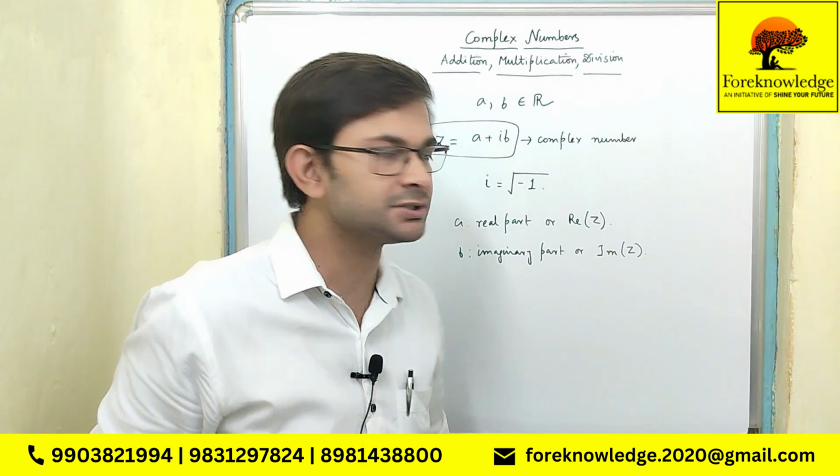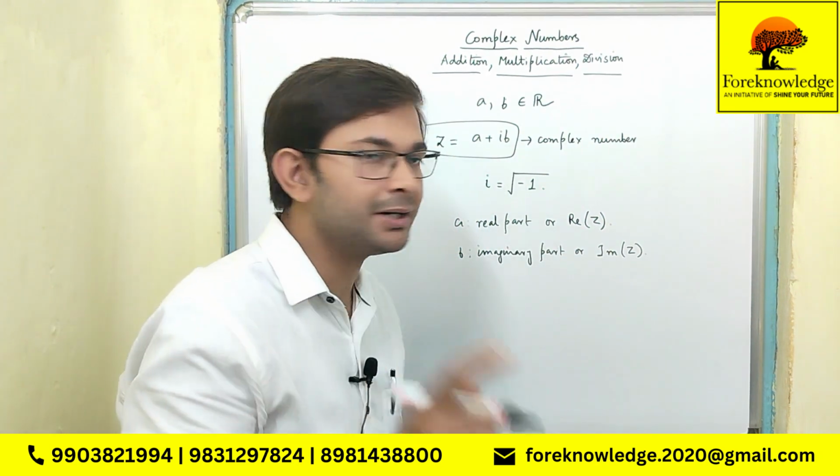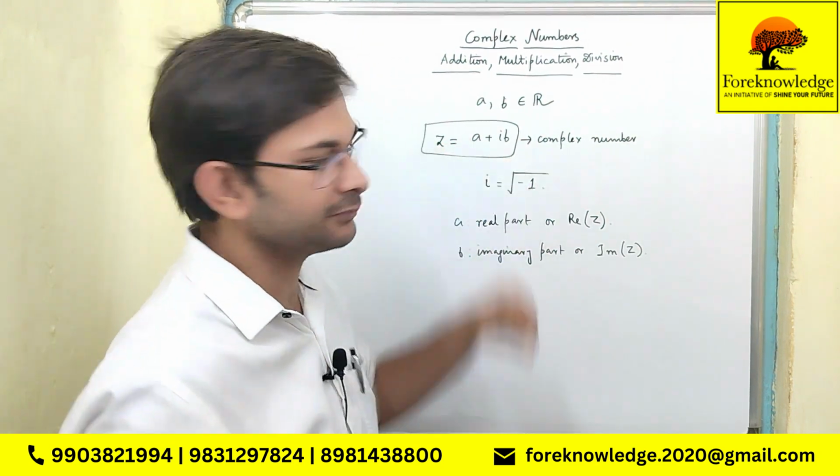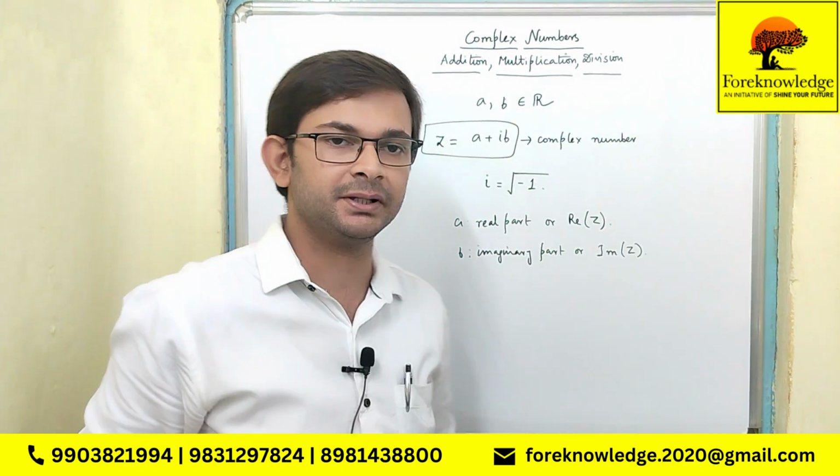How do you understand what the imaginary part is? The part that is associated with i. This type of representation is called a complex number.